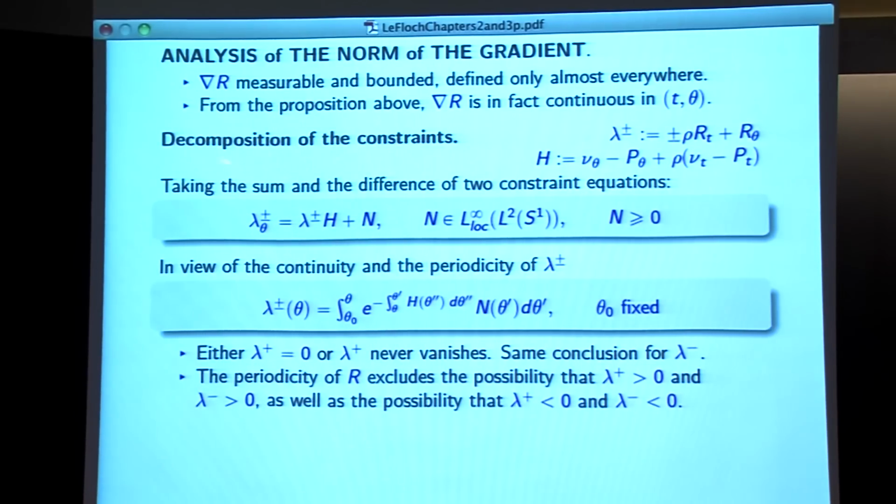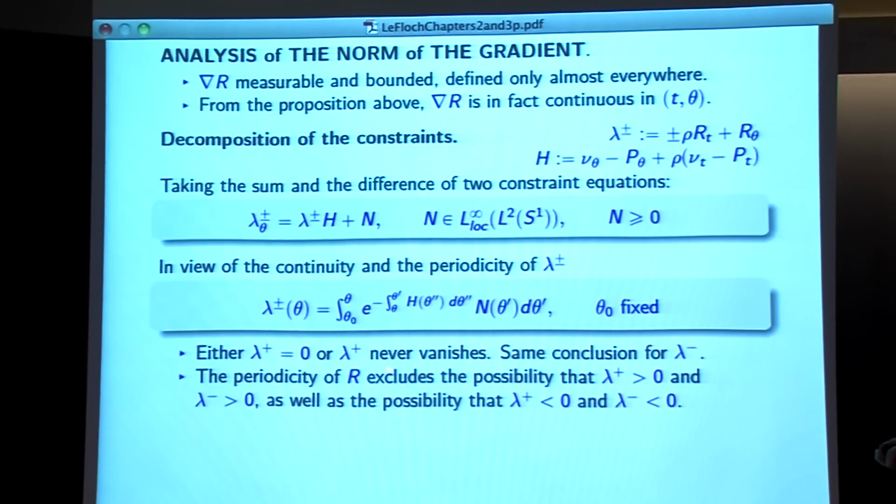So you integrate with respect to theta. So you get the integral from any theta 0 that you fix, to theta, of an exponential factor times N. N is positive. And then you look at the expression here. You can look at the details to understand completely the argument, but the philosophy of the argument is that this cannot vanish because it's an integral of positive quantities and exponential, so it's not going to vanish.